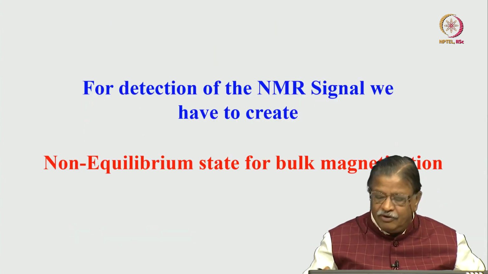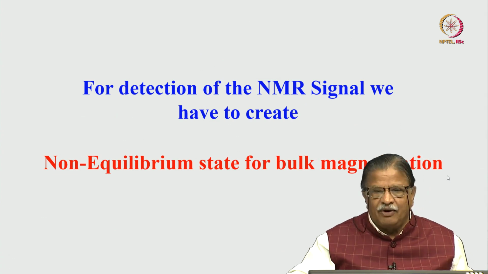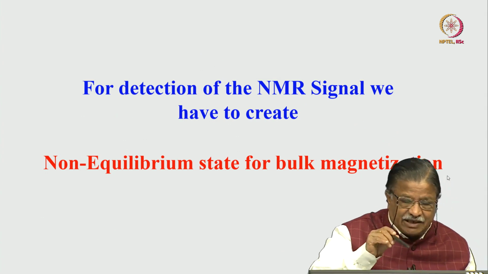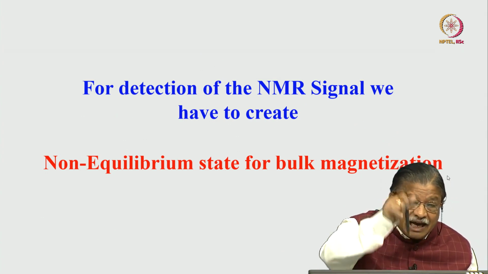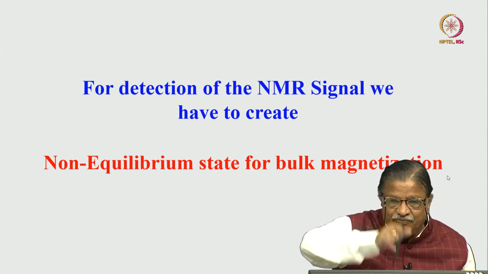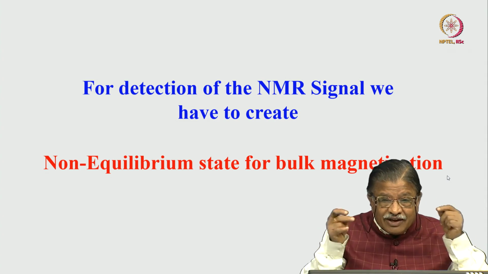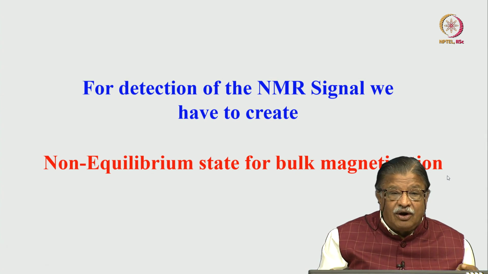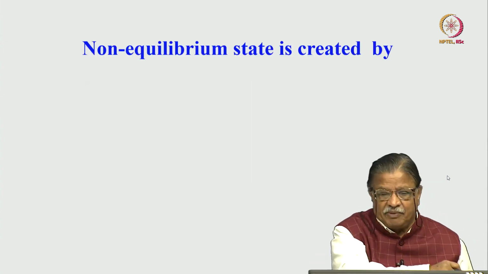Now, if I have to detect a signal in NMR, what do we have to do? We have to create what is called a non-equilibrium state. Remember, in the equilibrium state, the magnetization is perfectly aligned along the magnetic field direction. Now, if I have to detect the signal, I have to create a non-equilibrium state. How do you create that non-equilibrium state?